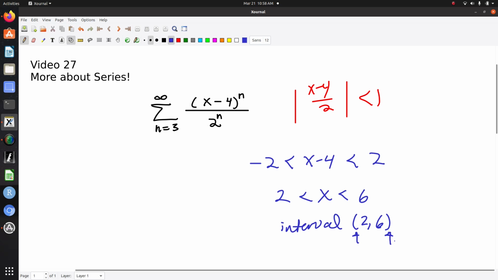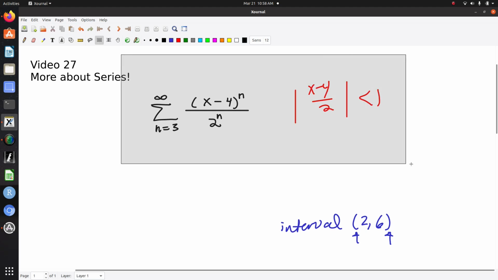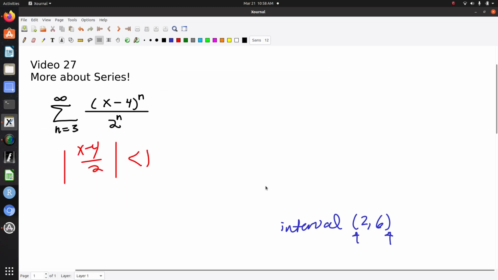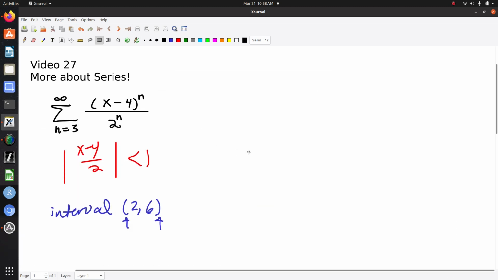So right now we have the whole open interval, and we want to know if either end is closed. So we're going to continue this question. So far we have this question, and we have a partial answer, and this is how far we've gotten. So we just have to test the 2 endpoints, test 2 and 6.